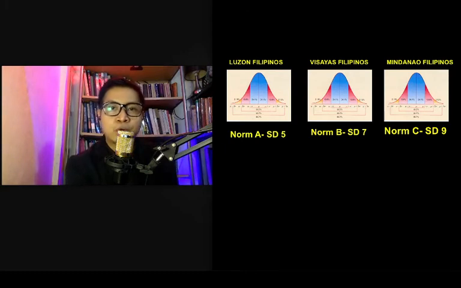Now, let's go back to our example. Halimbawa, nagde-develop tayo ng Filipino test. This test is meant for Filipinos. Okay? Ngayon, ito ang problema, no? Kapag yung gagamitin nating norm ay isa lang, we just use the Luzon norm, or we just use the Visayas norm, we just use the Mindanao norm.